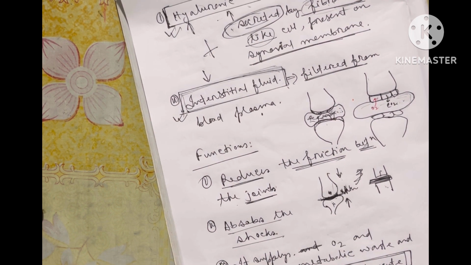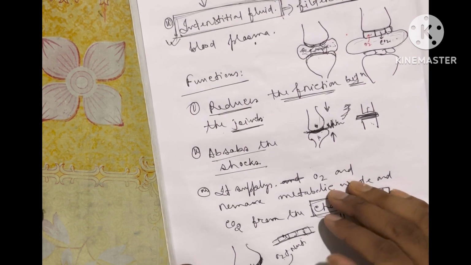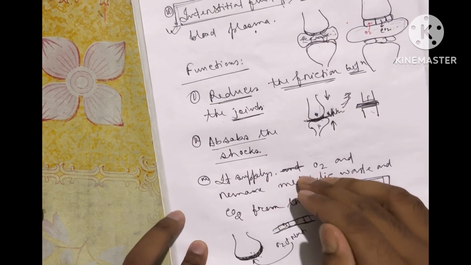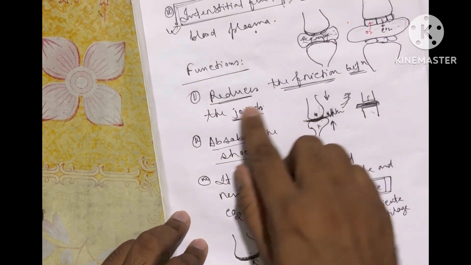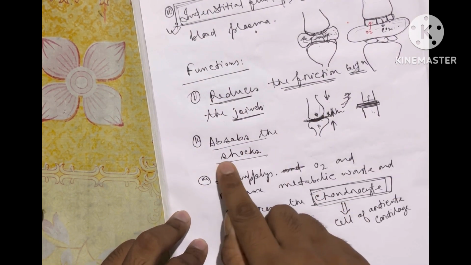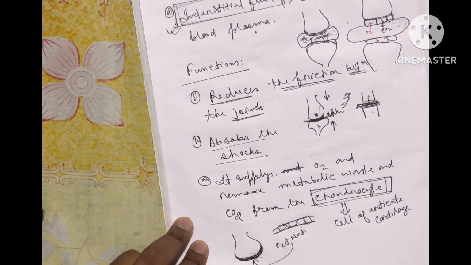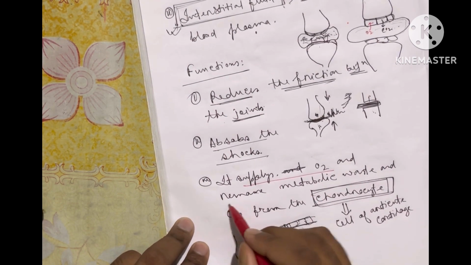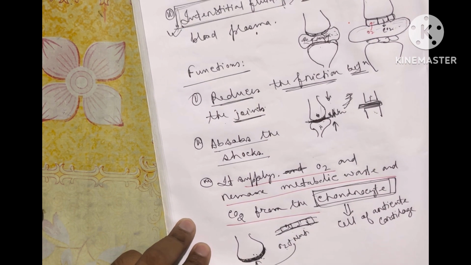So these are the functions of synovial fluid. Number one, it reduces friction. Number two, it absorbs shock. And third, it supplies oxygen and removes metabolic waste and carbon dioxide from the chondrocytes.